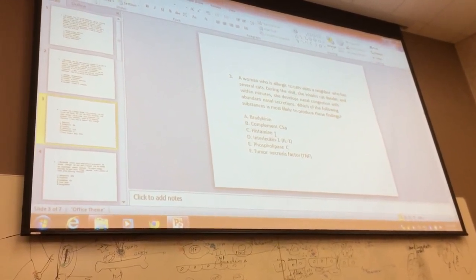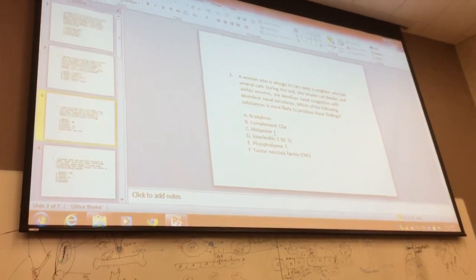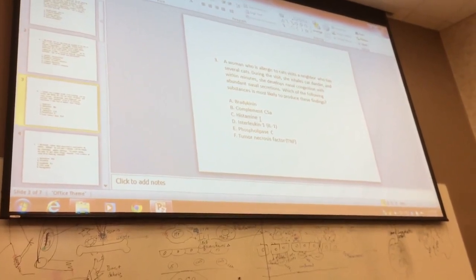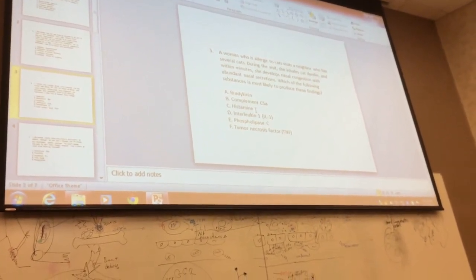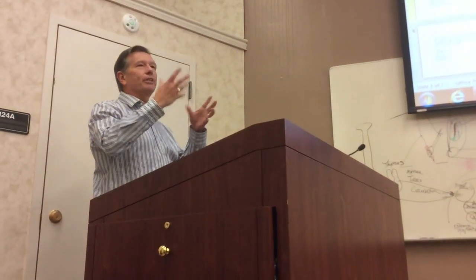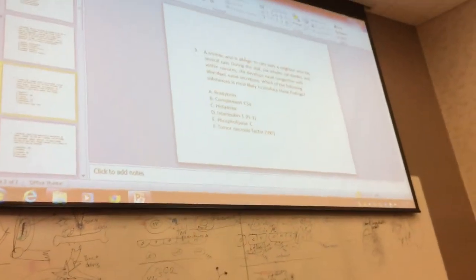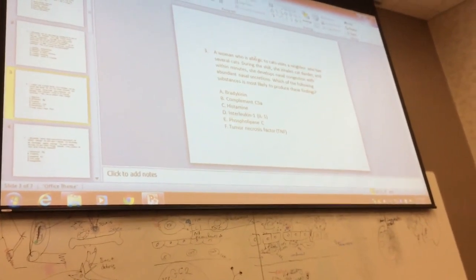In this case, the mast cells are being triggered by these allergens, and they secrete histamine. What will histamine cause? Vasodilation and increased vascular permeability. In this case, it's upper respiratory tract symptoms. So this inflammation is going to cause the nasal secretion and congestion. Any questions about some of the other mediators?